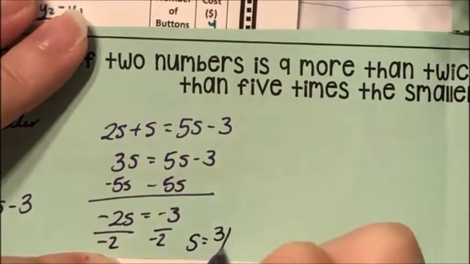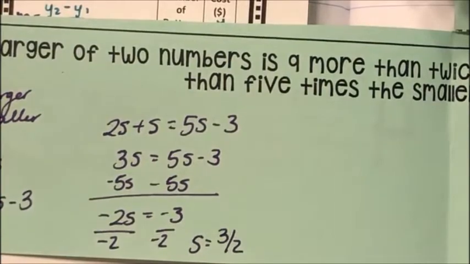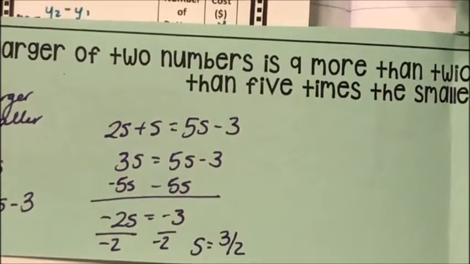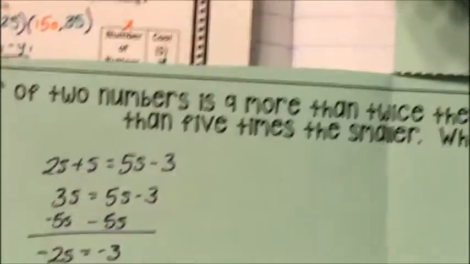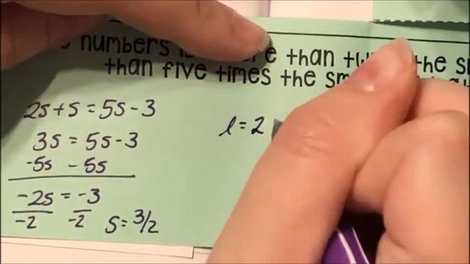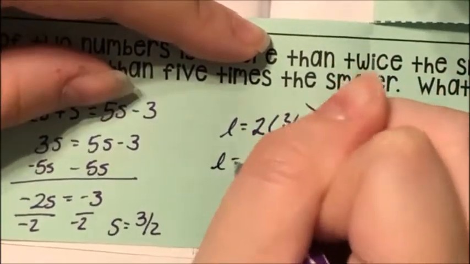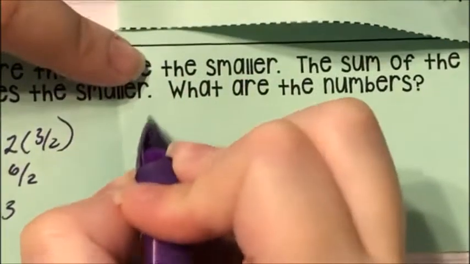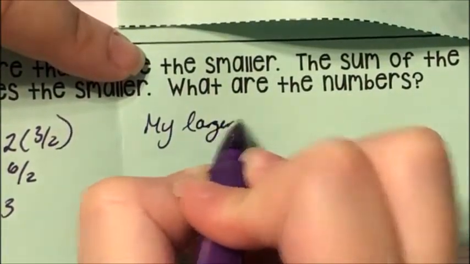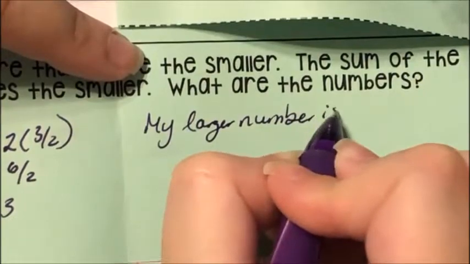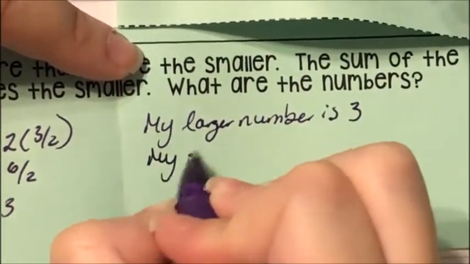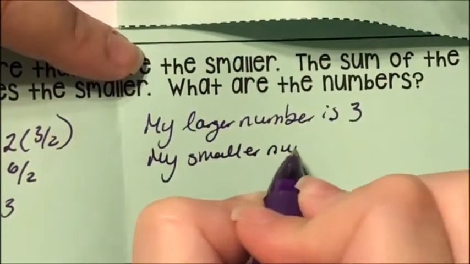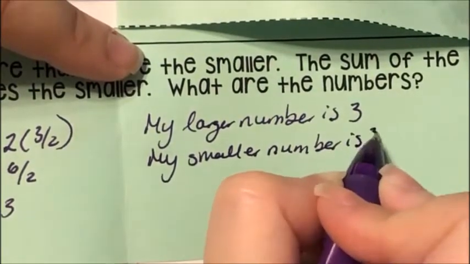So S equals 3 halves. So that's my first number. Then I'm going to plug that back in for my larger number. L equals 2 times 3 halves. So L equals 6 halves. So L equals 3. So my larger number is 3. My smaller number is 3 halves.